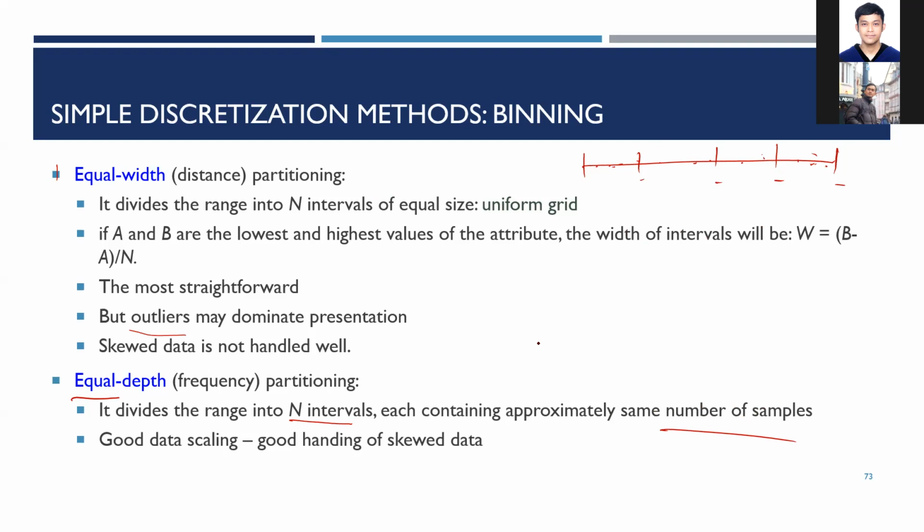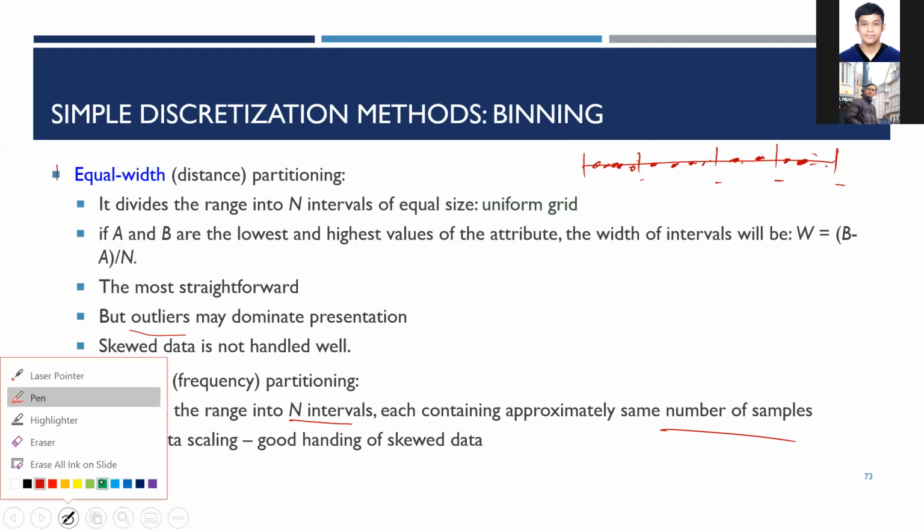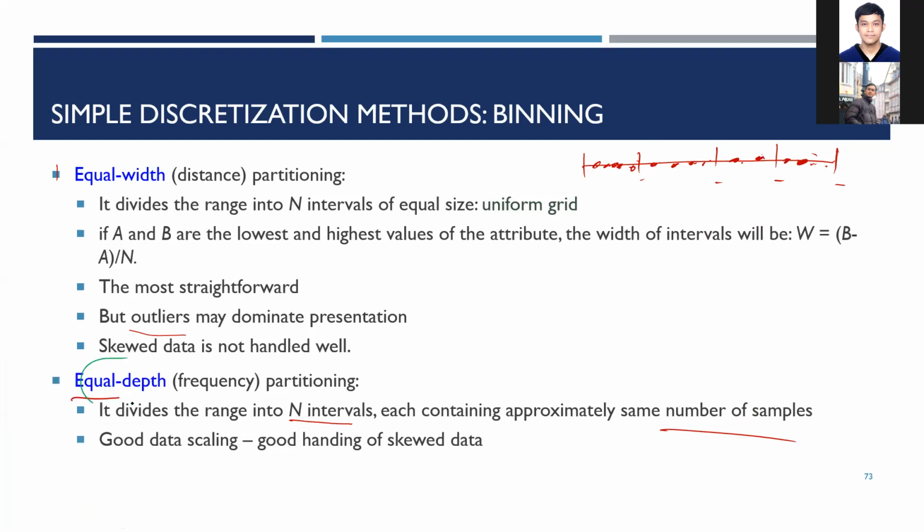So if most of the data is here, and maybe this part only has a few, the cutting point will be like this, because we want to make sure that for each range the number of samples is the same.